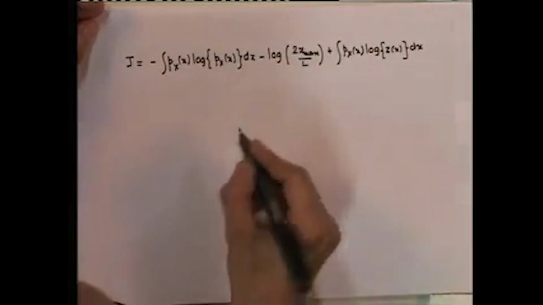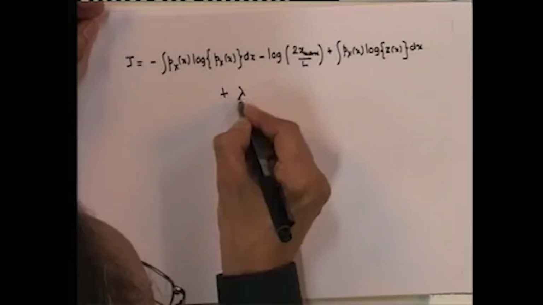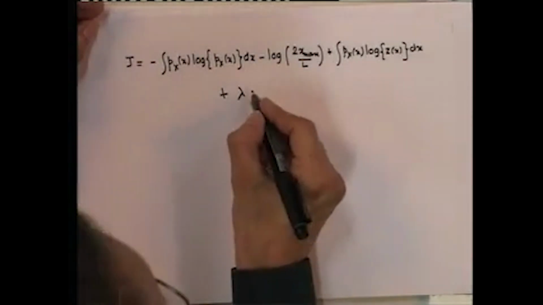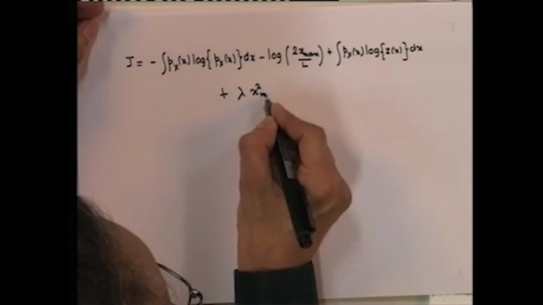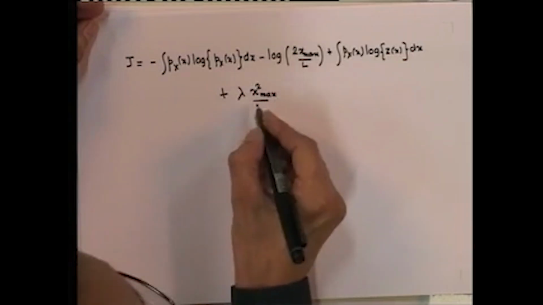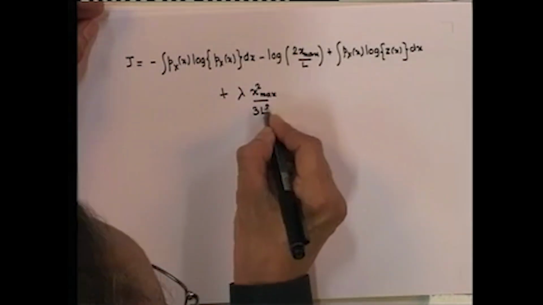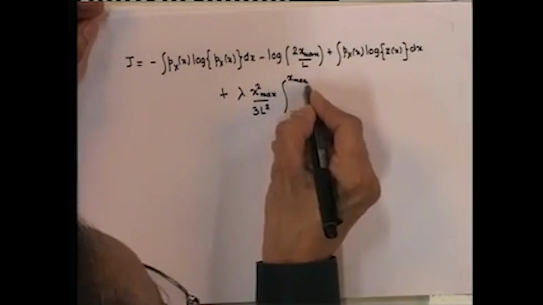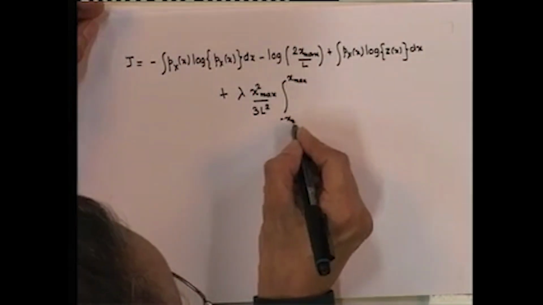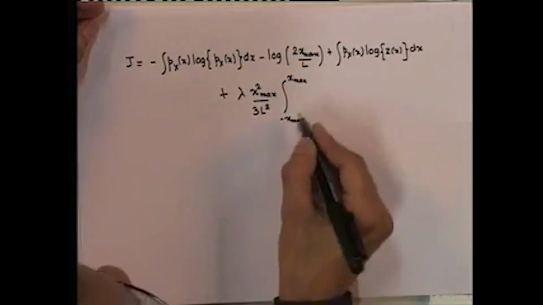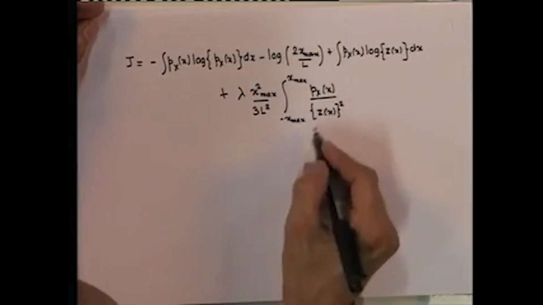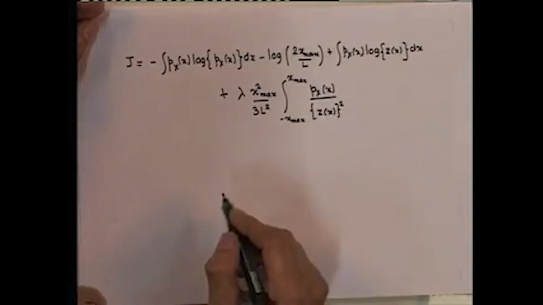this is H q which we just derived plus lambda times distortion, which can be written based on what we did last time as 3 L squared x max minus x max, where we have substituted z x for the derivative of C x.